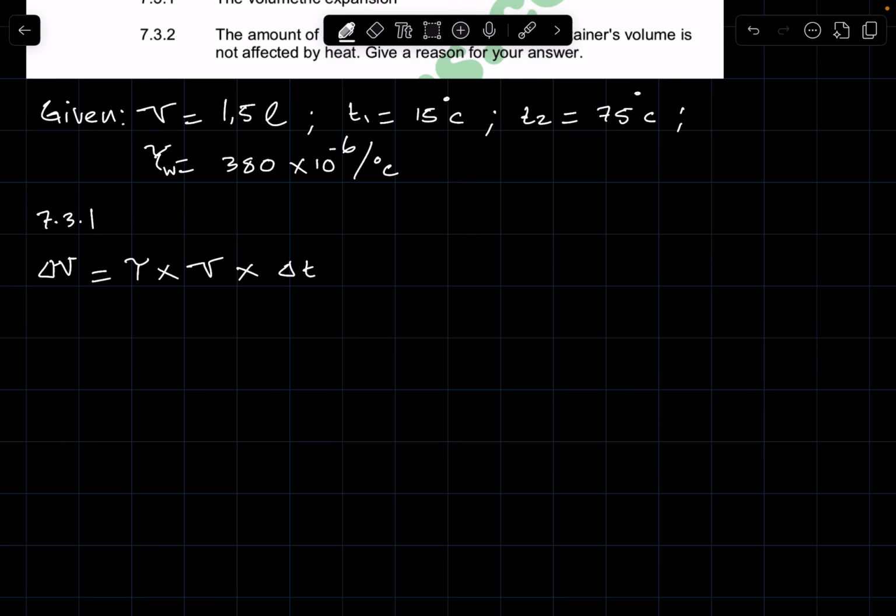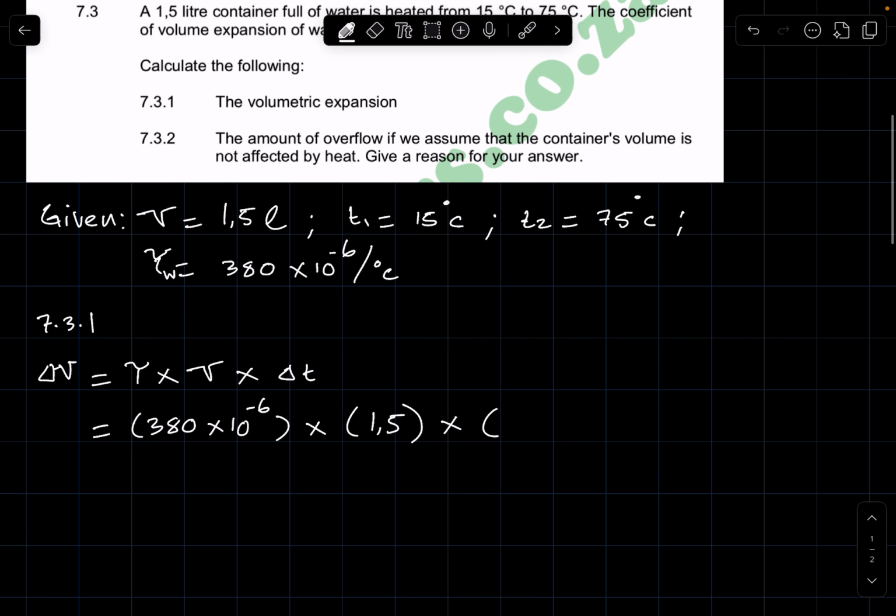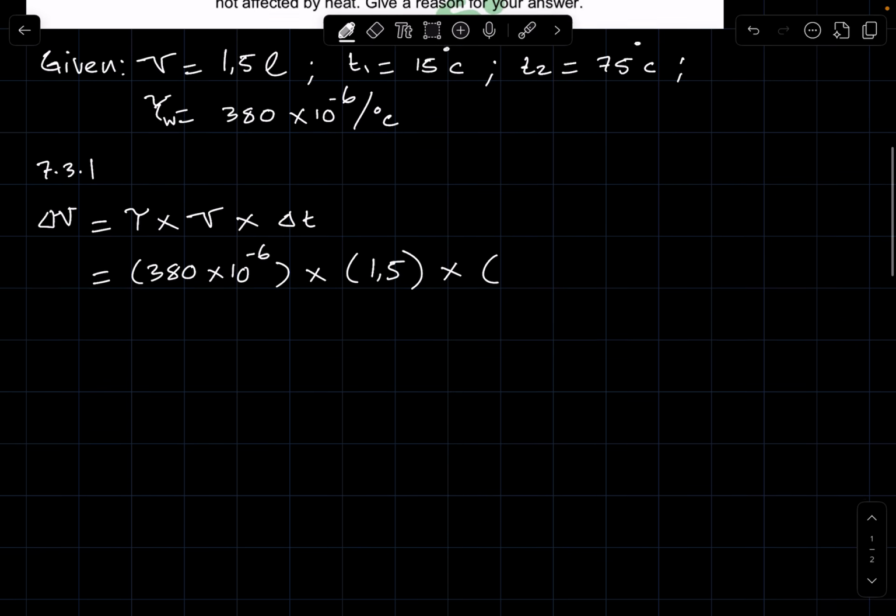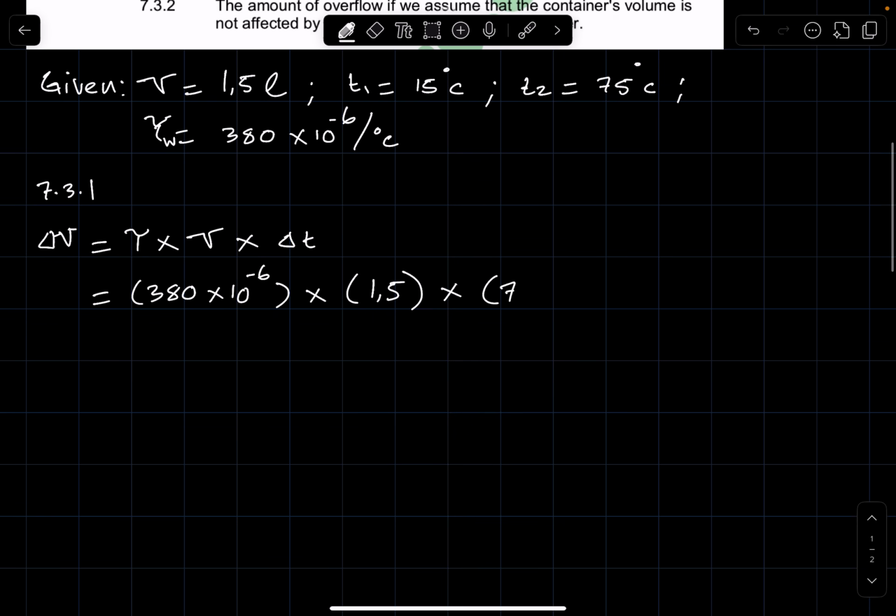And then now we substitute, and so this will be equal to gamma, 380 times 10 to the negative 6, times the original volume, which is 1.5 liters, times the change in temperature. Remember that heat here is being gained, the temperature is increasing, so the change in temperature will be T2 minus T1. So this will be 75 minus 15.